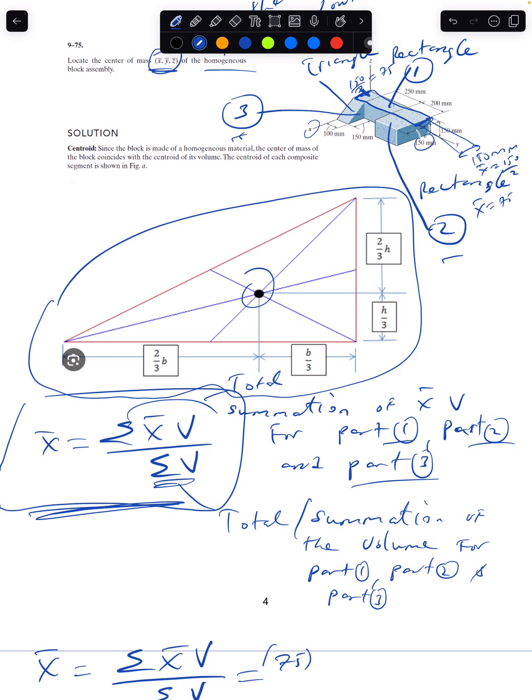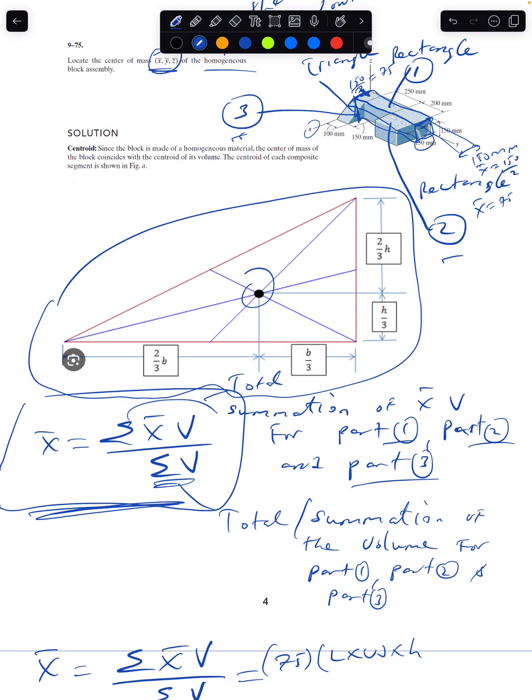And therefore for part 1, I'll have 75 as my x bar. And what is the volume? Remember, volume for a rectangle is length times width times height. I have this section, that section, and that section. That's the volume. So effectively, I have 150, which is this side.